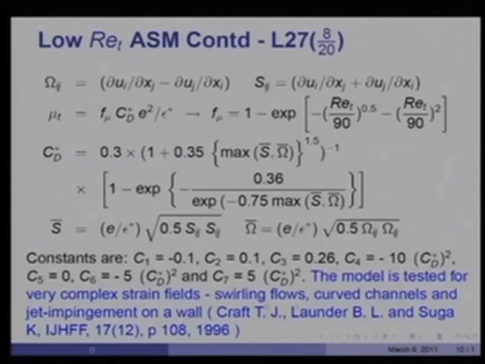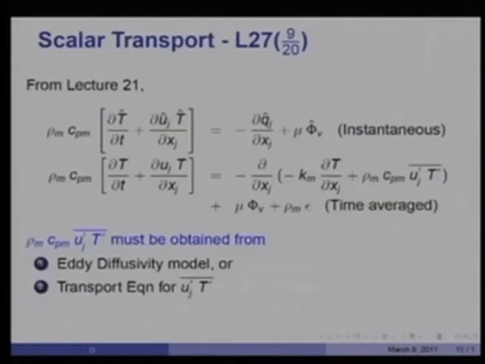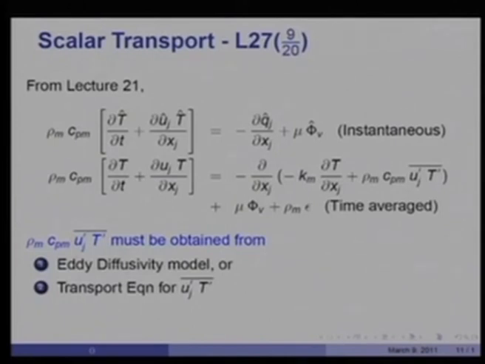As I said, this model has been used to predict quite accurately highly swirling flows in ducts, in curved channels, and in the situation of a jet impingement on a flat or a curved wall. So, that completes our discussion on high and low Reynolds number forms of turbulent stress.